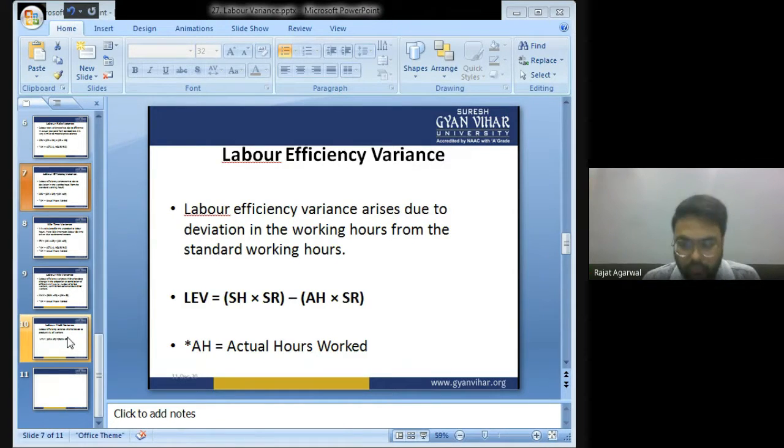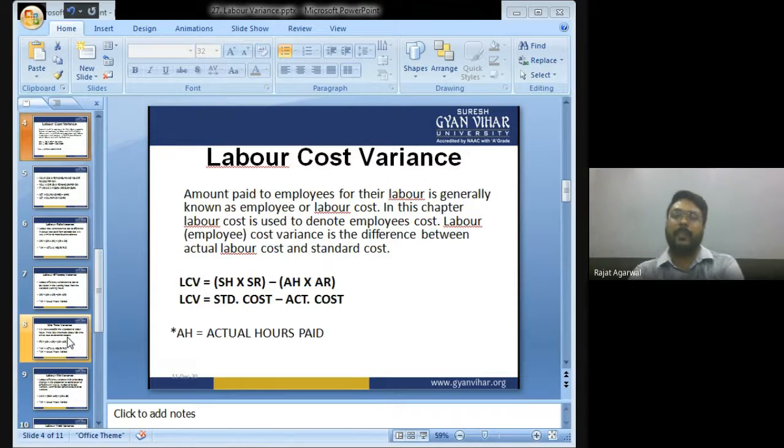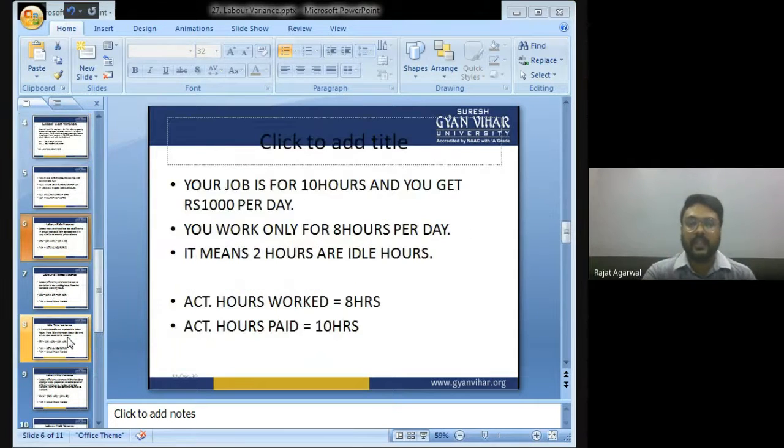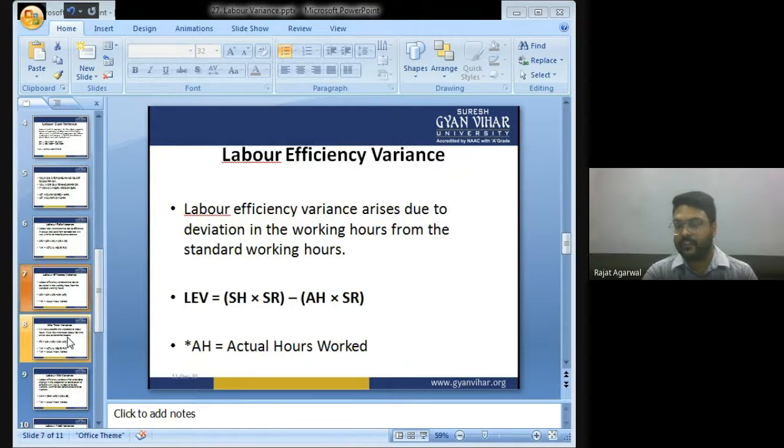The formula of material usage variance was standard quantity into standard rate minus actual quantity into standard rate. Here, in place of quantity, we take standard hours into standard rate minus actual hours into standard rate. So first of all we are going to discuss these three: labor cost variance, labor rate variance, and labor efficiency variance.